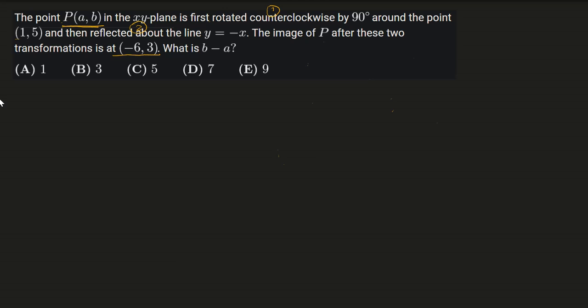Alright, let's first get the coordinates. So let's say this is our x-axis and this is our y-axis. Good. We need to get a longer line on this side. So like we said, what we need to do is to perform the two operations reversely.